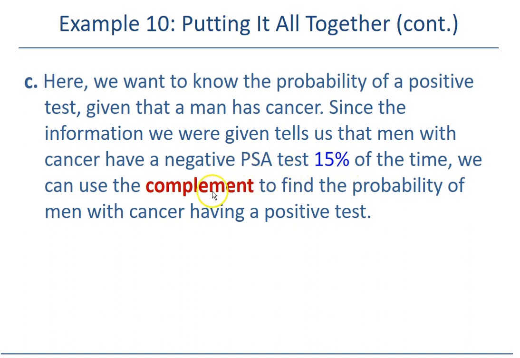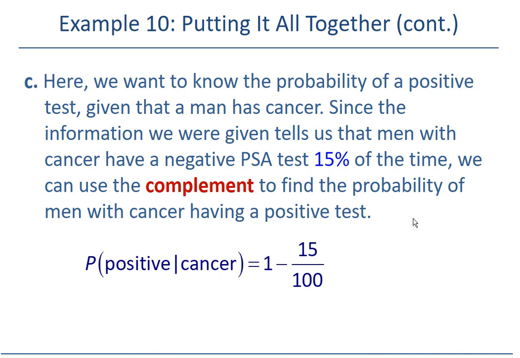And here they're actually saying they're going to use the complement to find this. So 1 is all men, 100% of men with cancer. We're going to subtract from that 100%. Remember, 1 is 100 over 100. Subtract the 15 from it, and it gives us the 85 over 100.